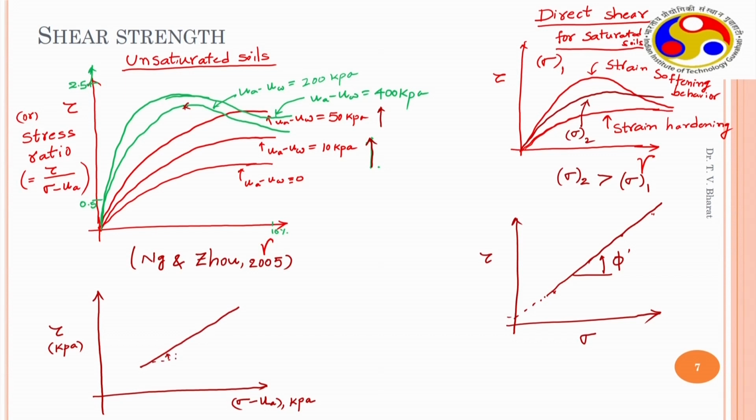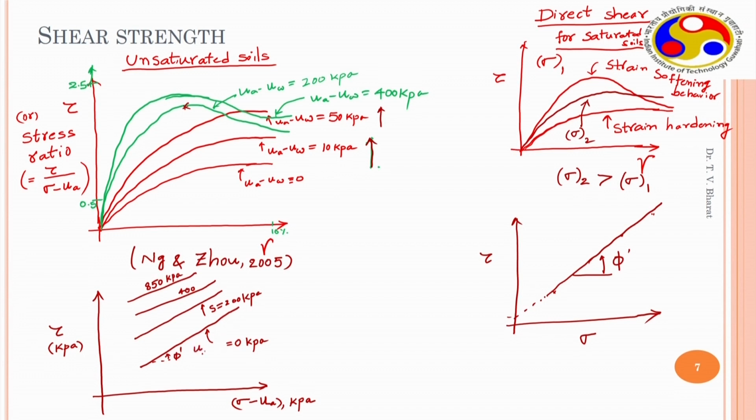So the angle is phi dash. This is for s equals 0 kilopascal. As s increases, you see that the critical shear straight line also increases. So this is s equal to say 200 kilopascal, this is for 400, and this is for 850 kilopascal. This s is nothing but ua minus uw.